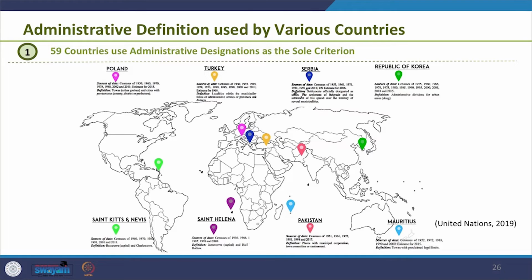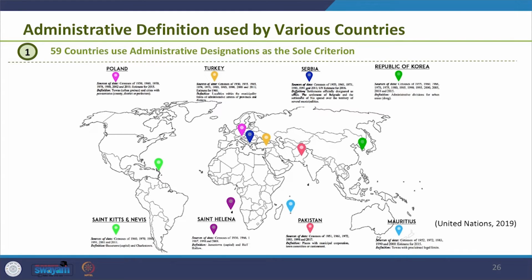With reference to this, we are going to look at how other countries in different parts of the world define their urban areas. This was the study done by the UN, World Urban Population. The report was published in 2018. In this study, we see that 59 countries use administrative designation as the sole criterion.